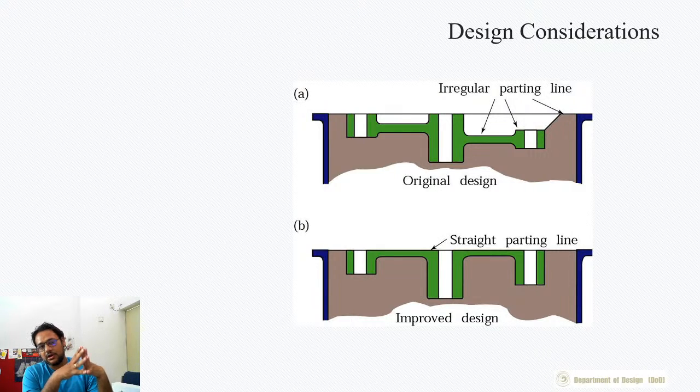It's called computer aided manufacturing, and there are softwares like ANSYS and several others which can help you simulate casting.